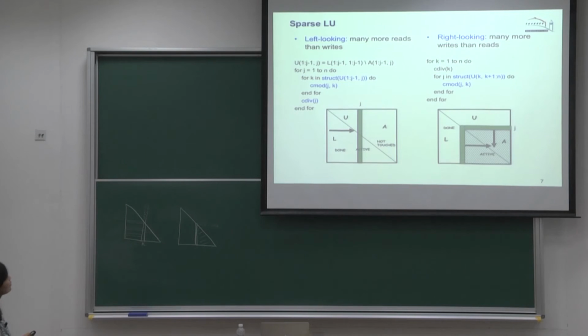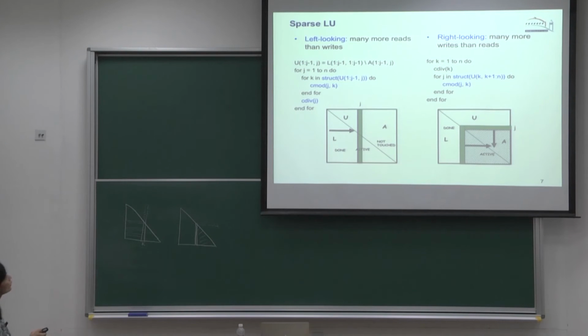All the non-zeros in the U column here, the Jth column, the upper part, all the non-zero k indices tell you which columns before this will update this Jth column. After that, you do the column scaling. So the left-looking active part is the column, and everything on the left is done. Everything on your right is not touched in the factorization.